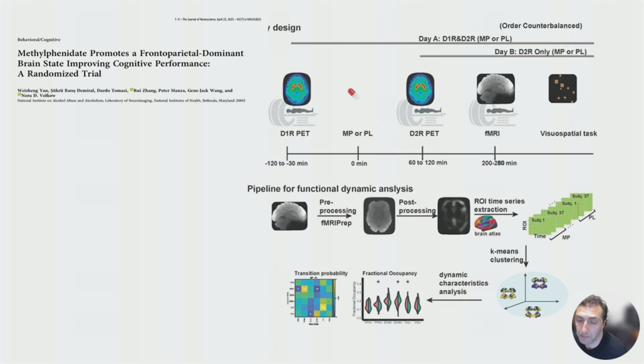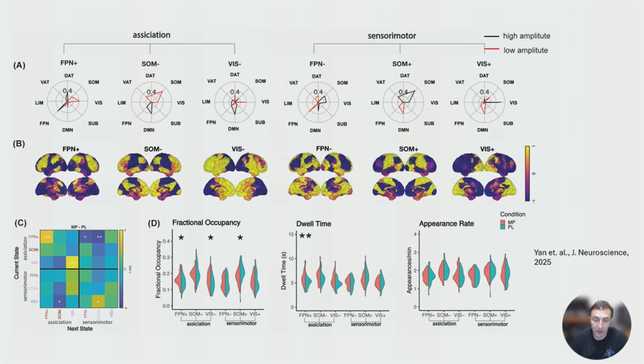We followed up with a new analysis of the same protocol, where Wei-Zheng Yan, in a visuospatial task, conducted a dynamic functional connectivity analysis and found the important resting state and task-based dynamic states in the brain. He was able to extract three important measures: fractional occupancy, dwell time, and appearance.